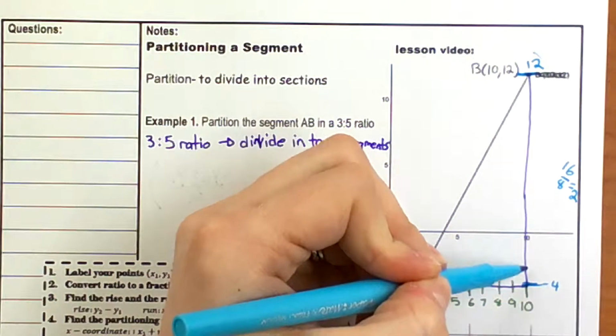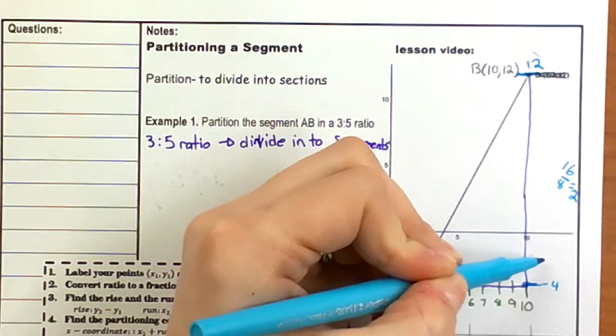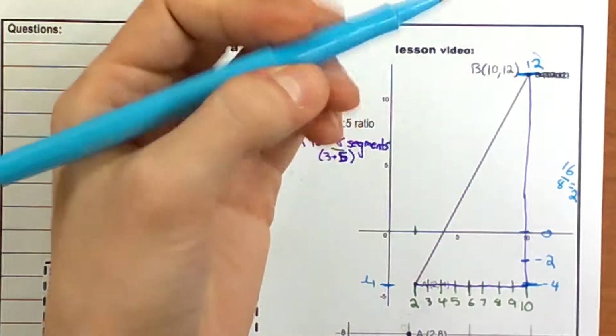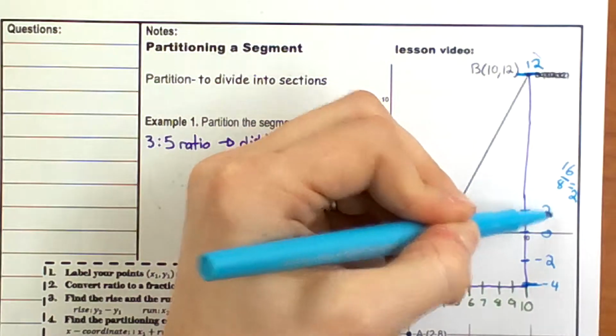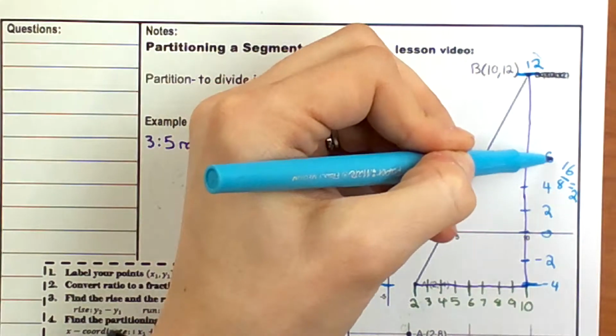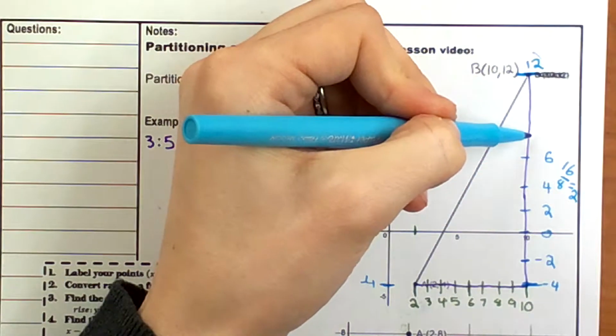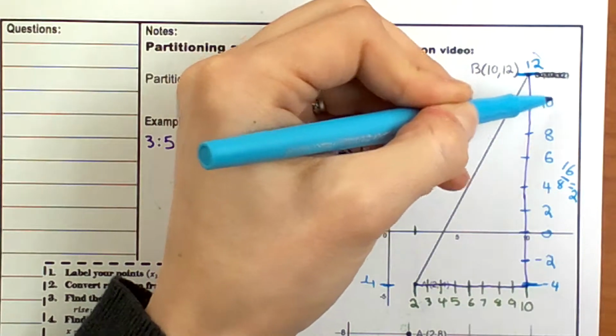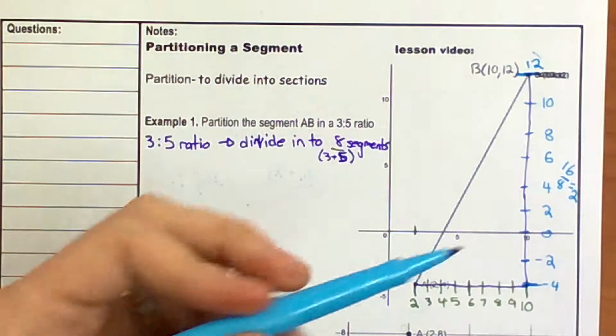So -4, if I go up 2, I'm now at -2. If I go up 2 again, I'm at 0. And then we've got 2, 4, 6, 8, 10, 12.